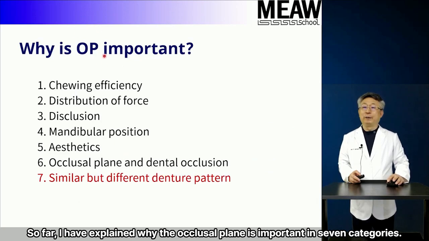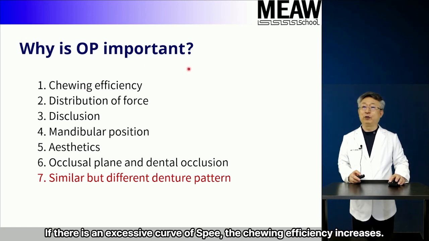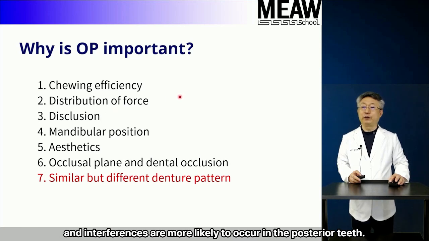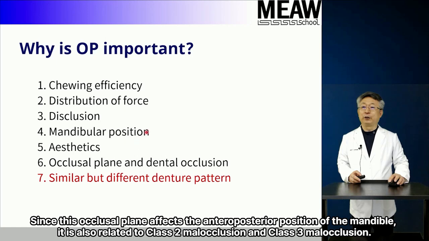So far, I have explained why the occlusal plane is important in 7 categories. If there is an excessive curve of SPI, the chewing efficiency increases. However, it is not good for force distribution or disclusion, and interferences are more likely to occur in the posterior teeth. Since this occlusal plane affects the anteroposterior position of the mandible, it is also related to Class 2 malocclusion and Class 3 malocclusion.